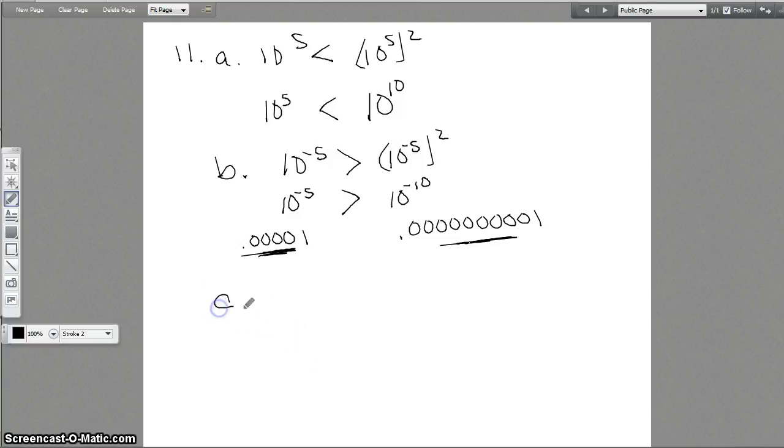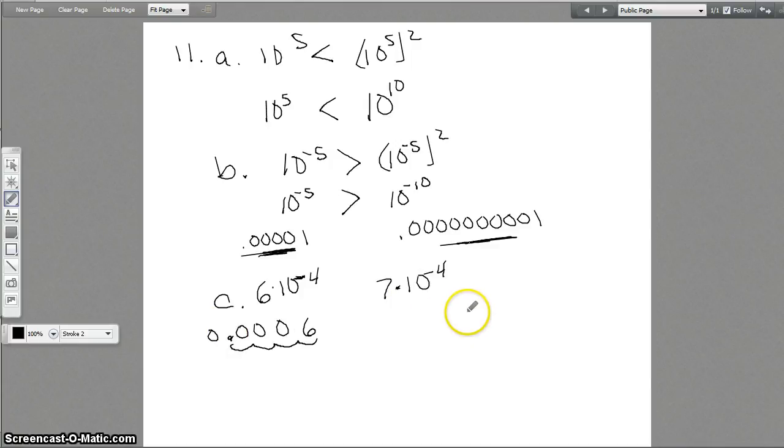For part C, we have 6 times 10 to the minus 4, and then we also have 7 times 10 to the minus 4. Well, we can put both of these in decimal notation. We're starting with a 6, and we're going to move our decimal 4 places to the left because it's a negative sign. 1, 2, 3, 4. So 0.0006.